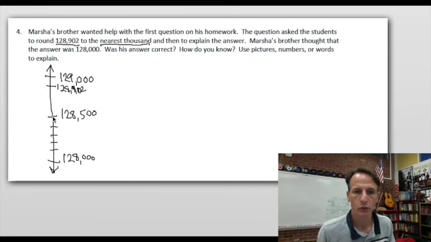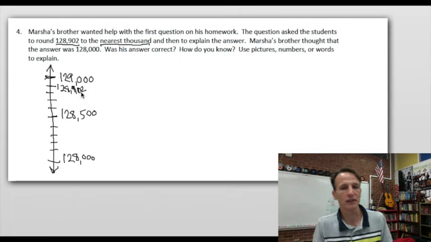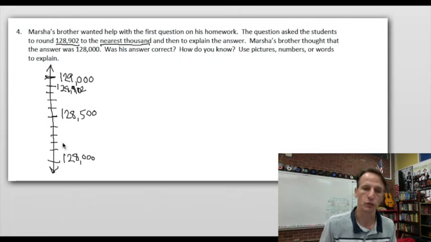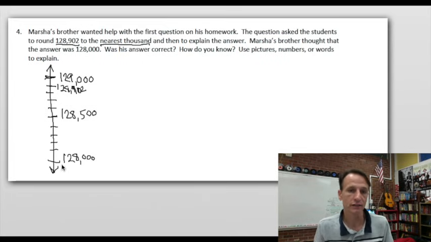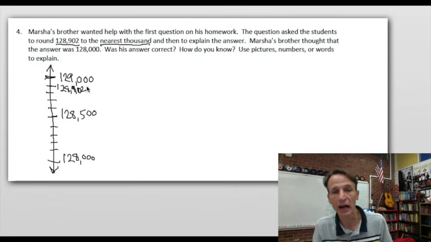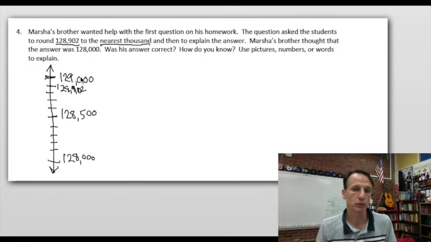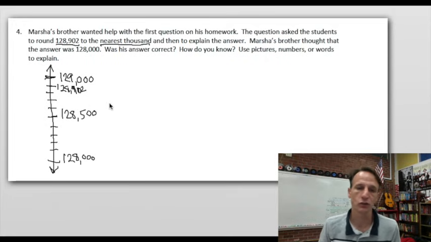We already have 128.5, 128.6, 128.7, 128.8, 128,900, 129,000. That's why I say it's way up there, because if you were to mark out every 100 on this line, you could see exactly why 128,902 is practically all the way up there at 129,000.